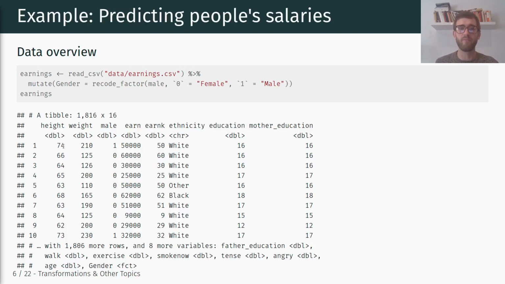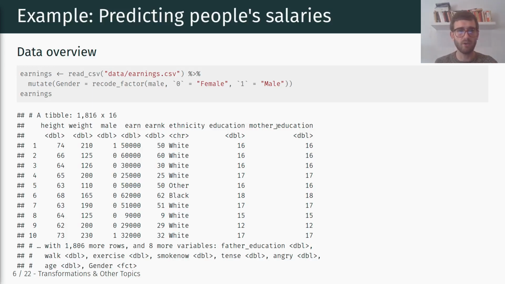Obviously, increasing someone's height wouldn't increase the salary. So we can't make this causal claim, but we nevertheless can think about these as descriptive comparisons in a predictive framework, okay? So always keep in mind these different interpretations, and we're only focusing on predictive tasks for now. We'll turn to causal claims and modeling for causal inference later towards the end of the semester.